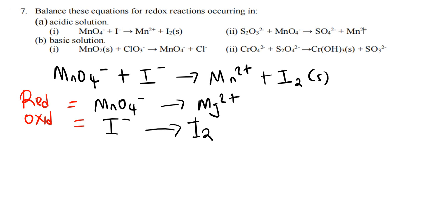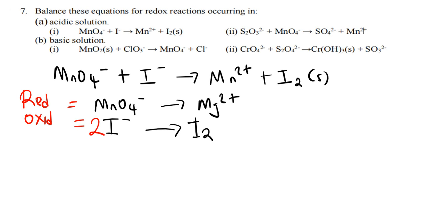Now, after you write your half reactions, you have to balance atoms other than oxygen or hydrogen. From this reaction, manganese is balanced, so we leave that. But for iodine, here we've got one and here we've got two, so iodine is not balanced. To balance it, I'm going to put a 2 in front. Then it's balanced.